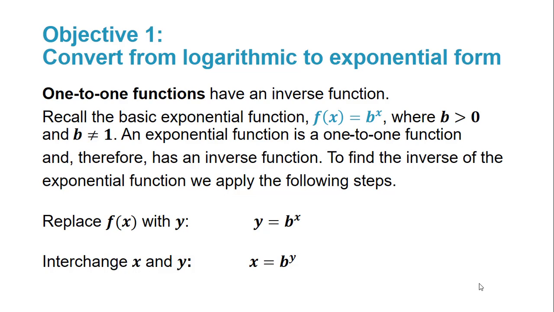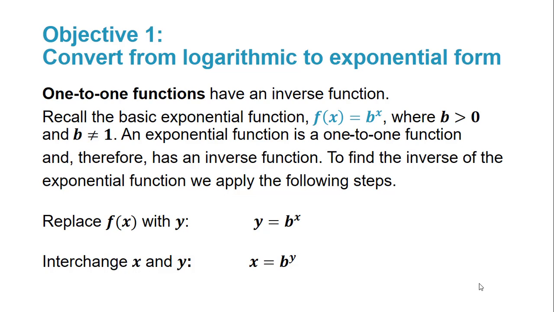If you remember one-to-one functions, we talked about that a couple sections ago related to inverse functions and discovered that one-to-one functions are functions that have an inverse function. A one-to-one function can be found by a graph that passes the horizontal line test.